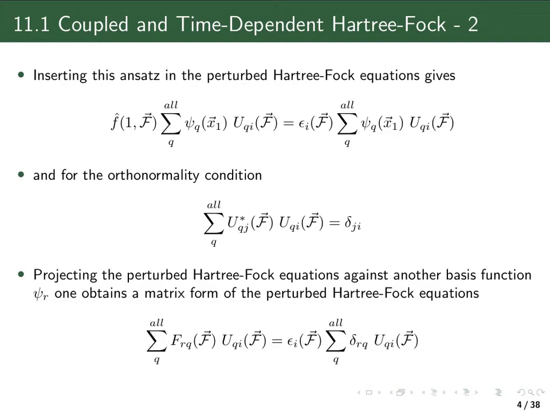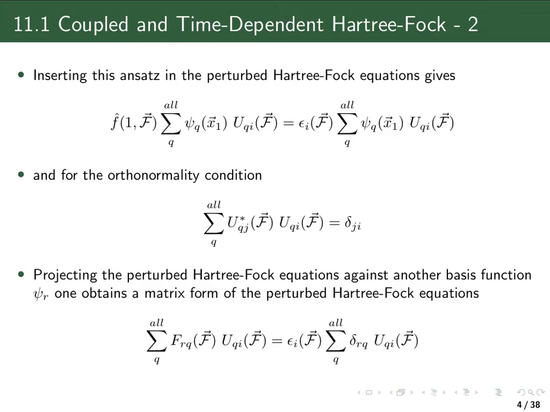Now, like the solution of the Hartree-Fock equations in Roothaan-Hartree-Fock theory, what we do now is we pre-multiply our perturbed Hartree-Fock equations with another one of these basis functions, which are here our unperturbed orbitals, and then we integrate over full space, which then turns this differential equation into a matrix equation. So here we get now an element of the Fock matrix in the basis of the unperturbed orbitals, where we have Q here because we had psi Q here, and we pre-multiplied with psi R, so therefore we have the index R here.